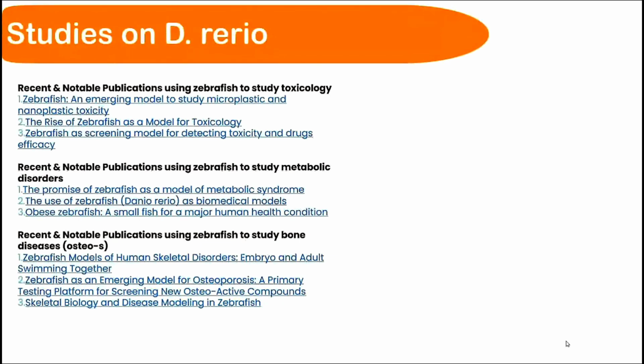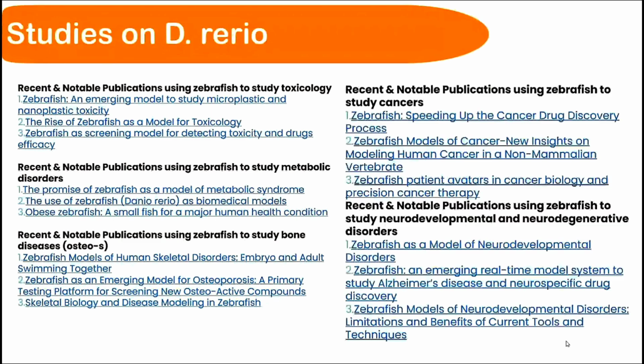So metabolic disorders have been an area of interest with zebrafish. Then there is the aspect of bone disease and related studies also, where zebrafish models have been studied with respect to human skeletal disorders, and some studies related to osteoporosis and skeletal biology in human beings as well.